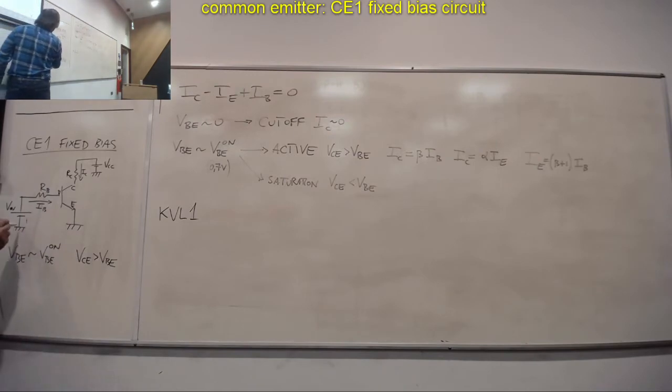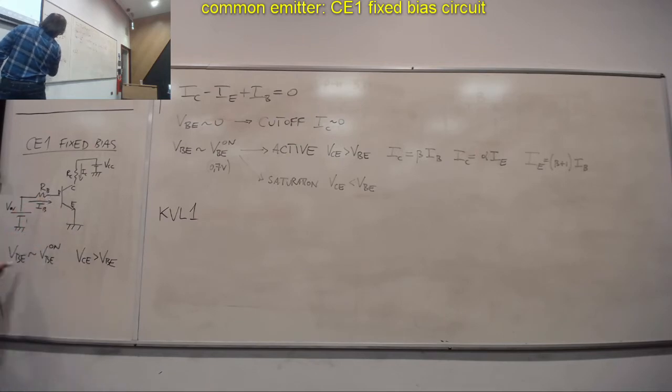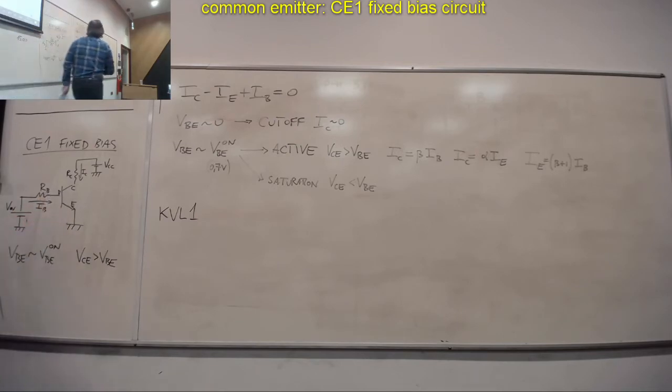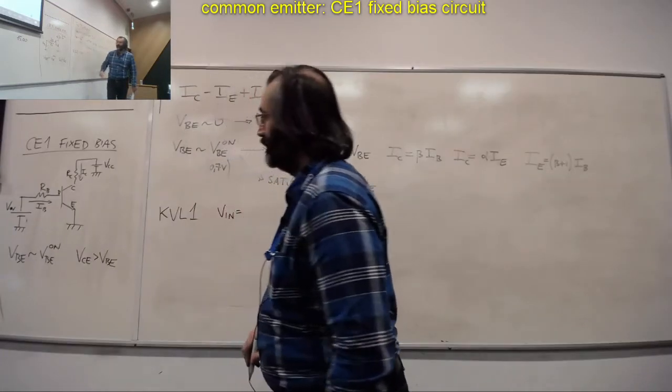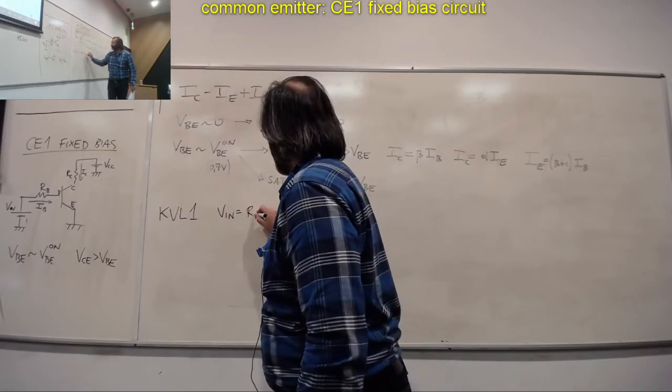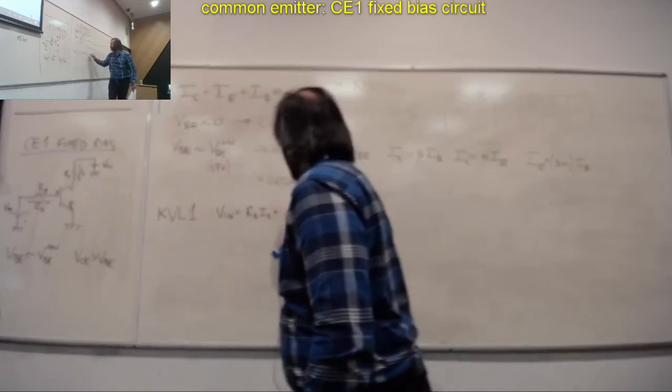As you can see here, the input mesh is represented by this part of the circuit. We know that VBE is VB on, so I could write Vin equals RB IB plus VBE on.